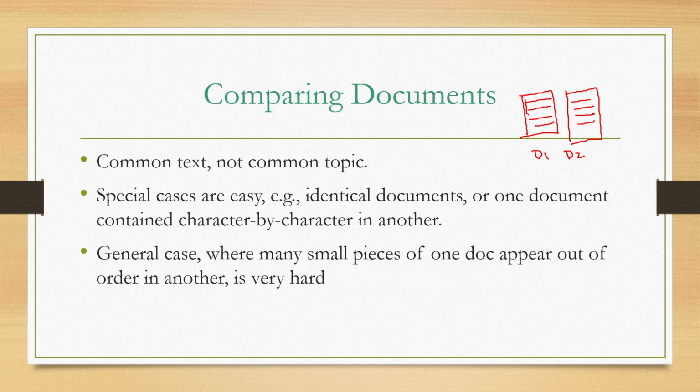But if there are some words here in the beginning, or if this paragraph is similar to the last paragraph here, it might be difficult for us to find out the similarity. So rather than performing character by character similarity, let us see if we can have any other method to find out somewhat similar documents. And moreover, this technique of character by character matching may be computationally expensive and may require a huge amount of time.